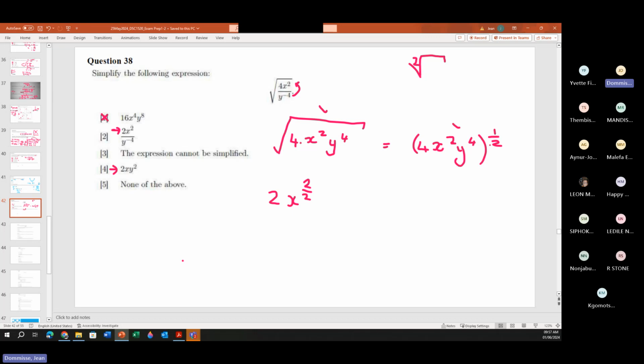So if I use this, I could have rewritten it as 2 times a half, so that will be 2 over 2, and 4 times a half, 4 over 2. 2x to the power of 1, y to the power of 2, which is then option 4.